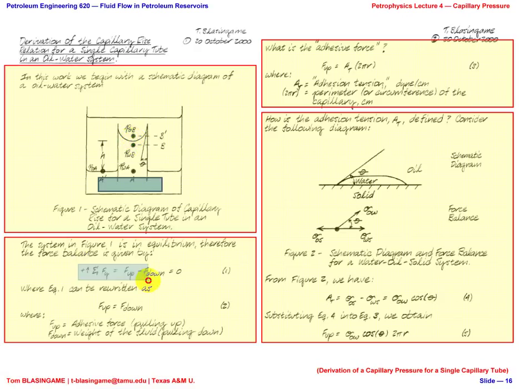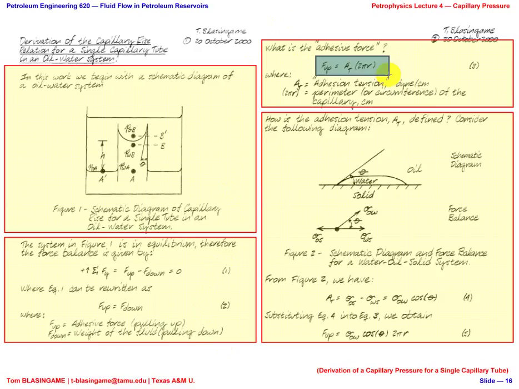It's a balance of forces. The force up has to be equal to the force down. No problem. We understand that. The force up is the adhesion tension. The force down is the mass or the weight of the fluid as it's being pulled down. The force up is very easy to define. How does that force act, people? It acts on the circumference of the tube, which is 2 pi r.